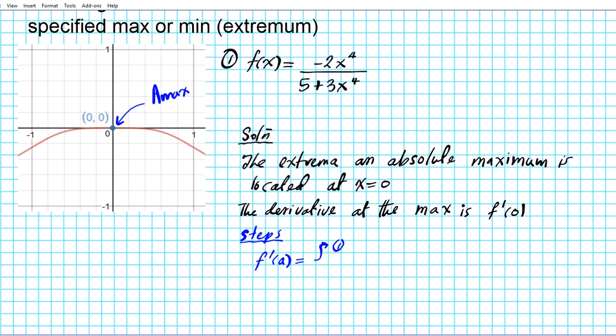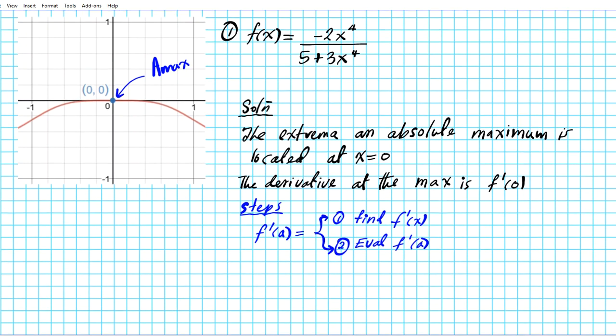Part 1 is to find the derivative of the function, find f prime of x. After you're done with the calculus, then you can do the arithmetic or algebraic part. Part 2, you're going to evaluate the derivative at the specified a value. So these are the two steps we're going to be using for the 6 problems in this presentation.